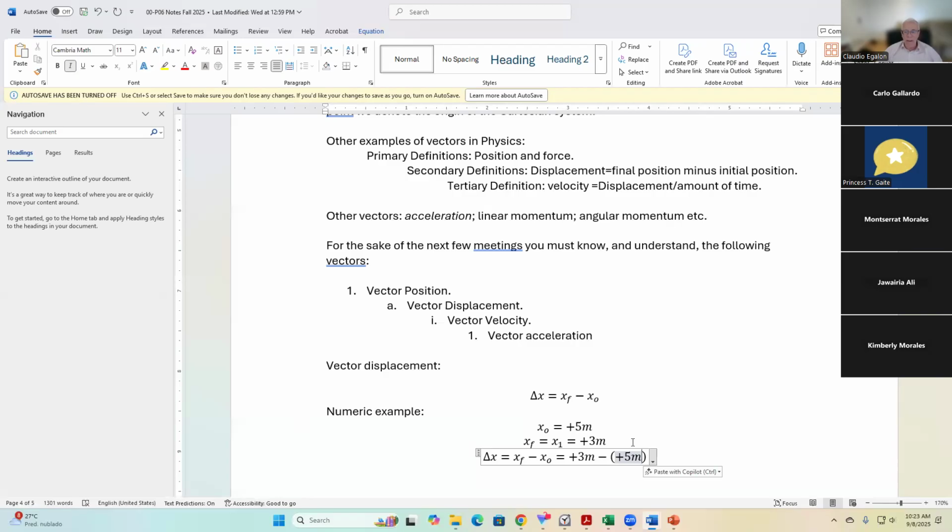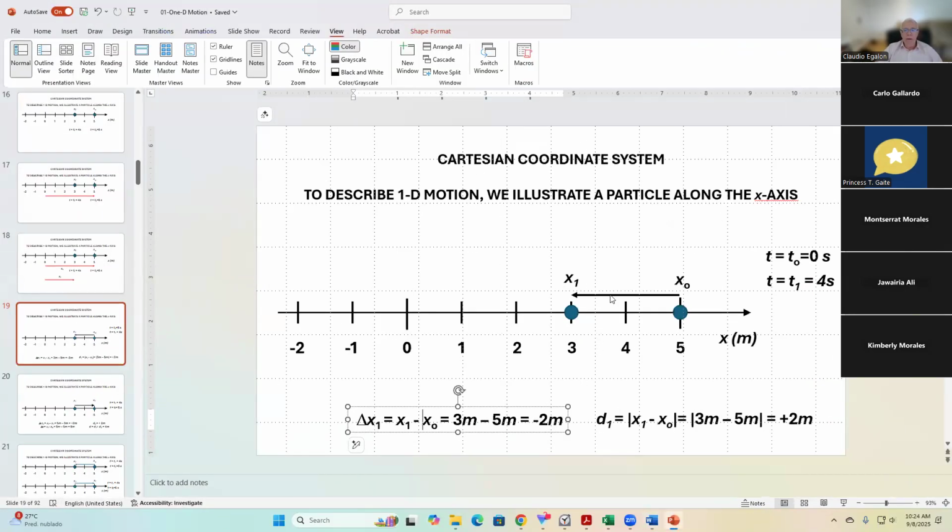This is a straightforward type of math. It's going to be 3 meters minus 5 meters. Your displacement, which is a vector, can be a negative number: minus 2 meters. What does it mean, minus 2 meters? It moved 2 meters to the left. And again, that's how we denote the displacement vector.